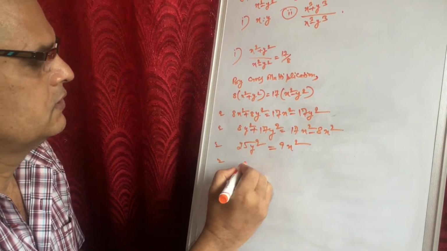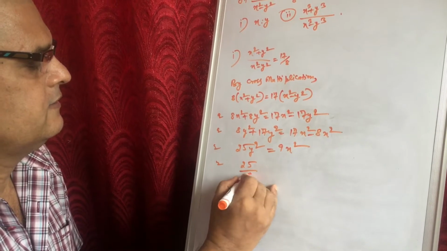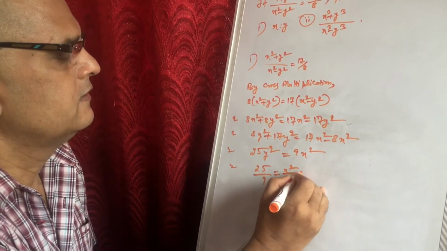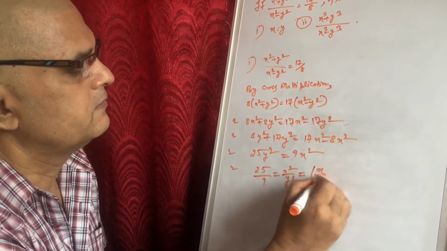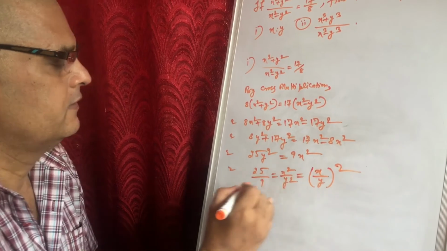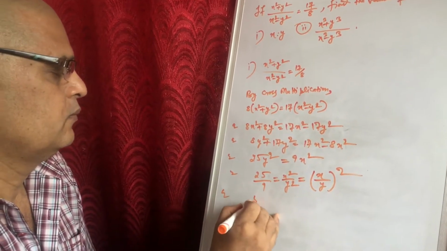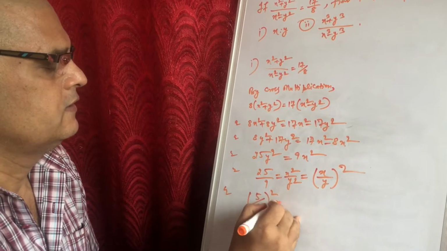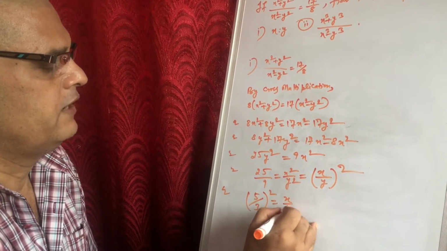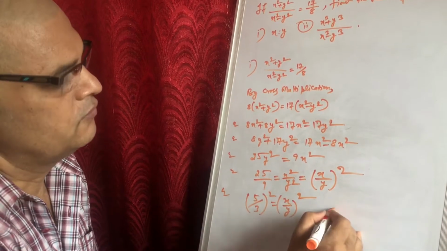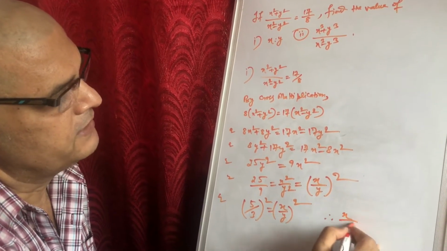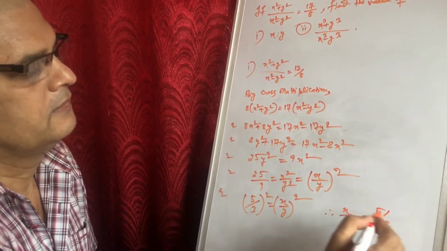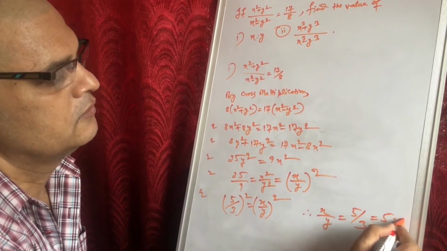So 25 by 9 is equal to x square divided by y square, which is equal to x by y whole square. Then 5 by 3 whole square is equal to x by y whole square. So x by y will be equal to 5 by 3, that is 5 is to 3.